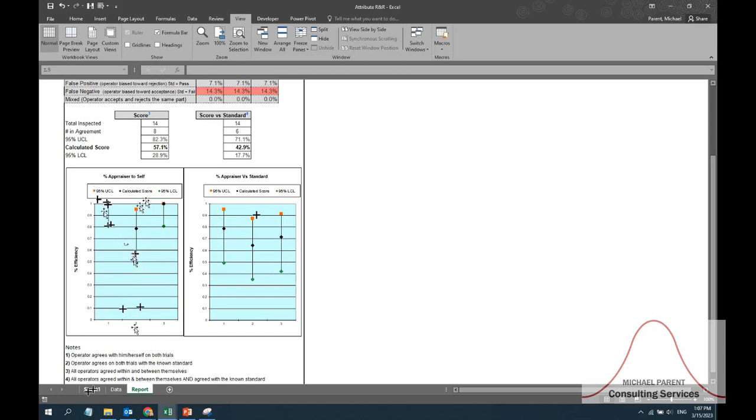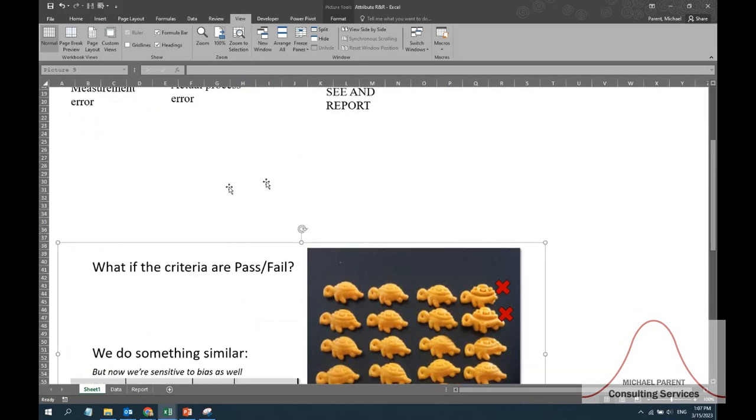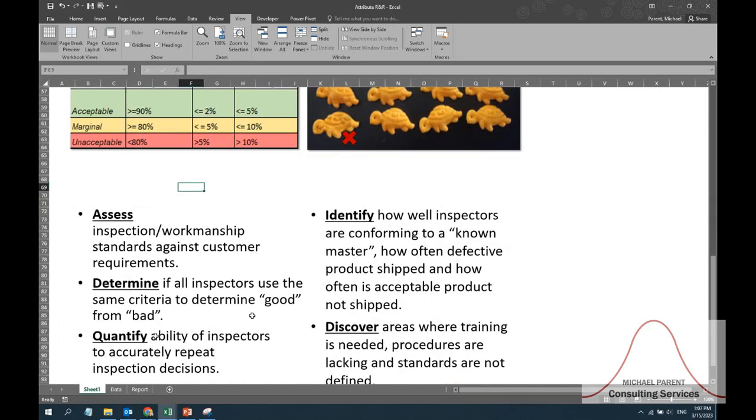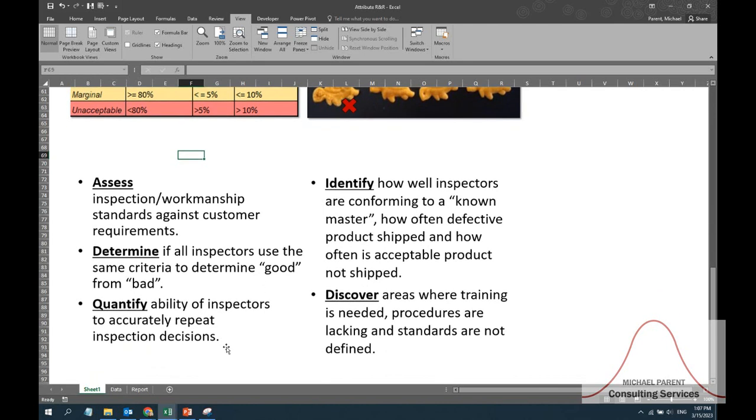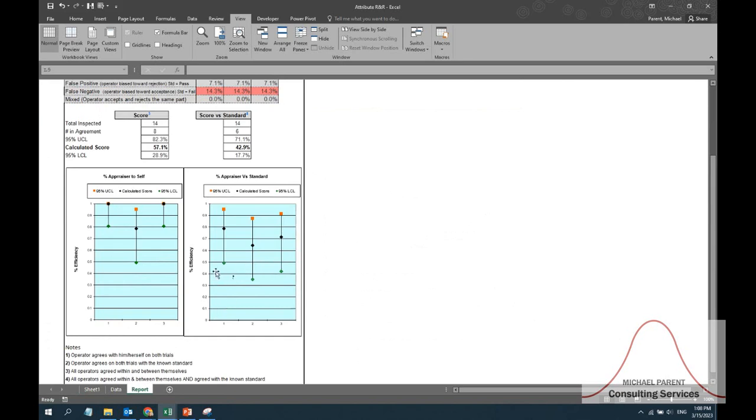If we go back to our litmus test over in sheet number 1, we can probably ask some of these questions. Is the ability of inspectors to accurately repeat inspection decisions probably not great for operator number 2, but they probably all have the same criteria for determining good and bad against that known standard, because they all performed very, very well with that known standard. And again, if we go here, we can see that in general, everyone was performing fairly consistently.